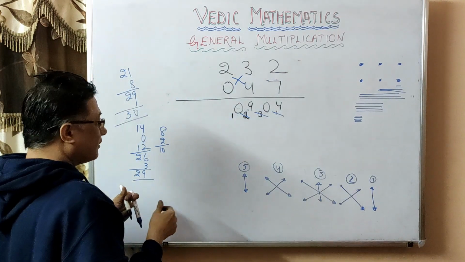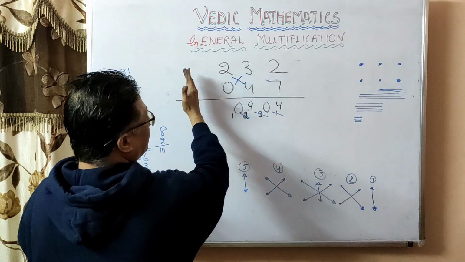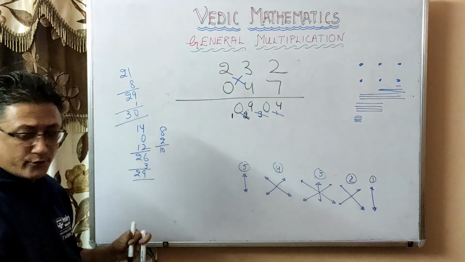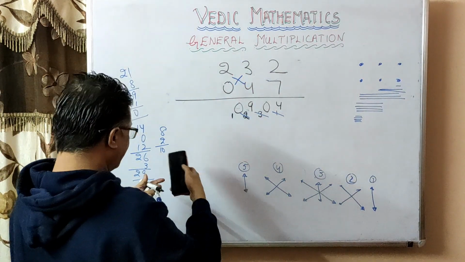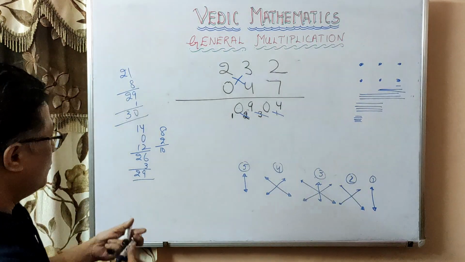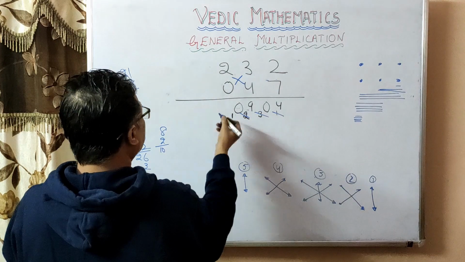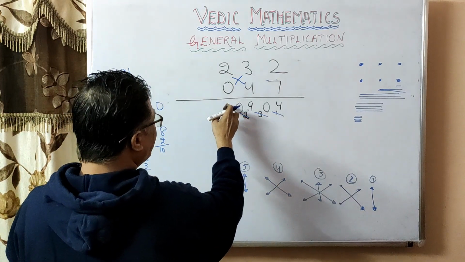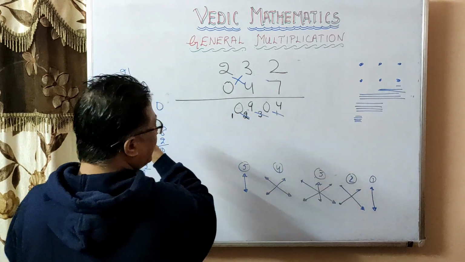So now I come to my final step. Now I remove this also and only 2 and 0 remain. So I multiply 2 with 0. What is that? It is 0. So I'll write a 0 here, but I don't need to write a 0 at the start of an answer, but I have to take care if there is a carry forward.